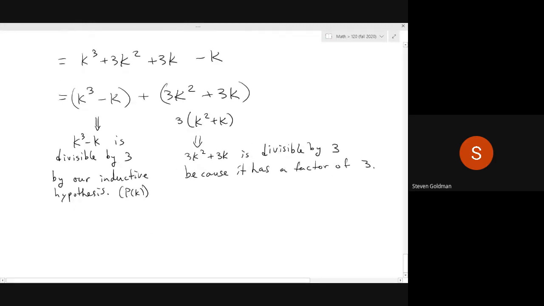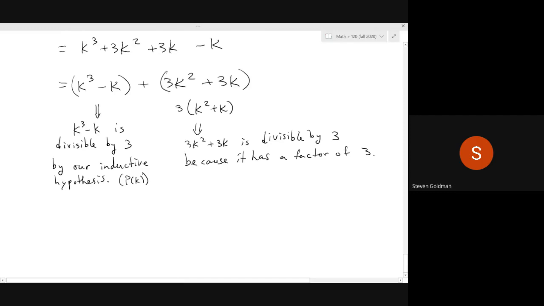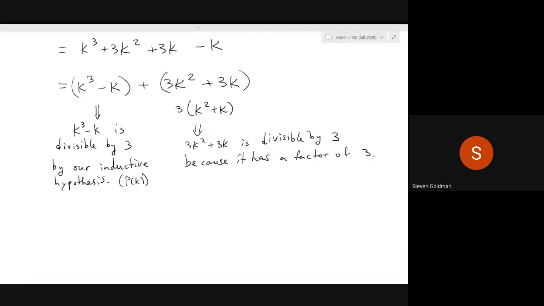So I have here two things that are divisible by 3. The first one is divisible by 3 because that's the P of k. That was my inductive hypothesis where we assumed P of k was true. And the second thing is divisible by 3 because it has a factor of 3. So if I have two things that are divisible by 3, what do we know about their sum? We know that their sum will also be divisible by 3.